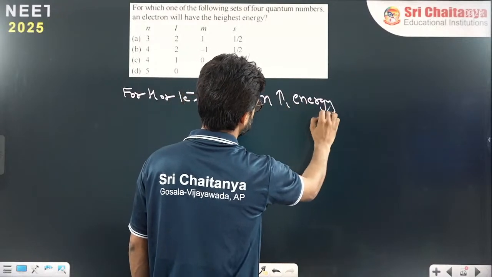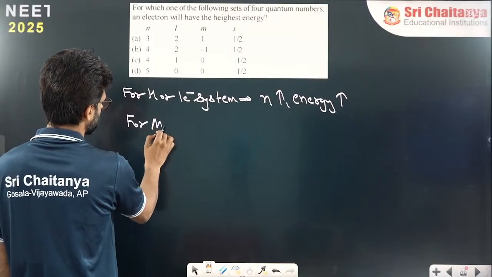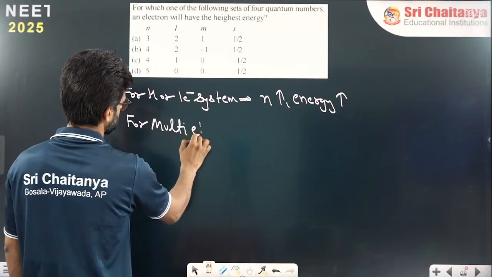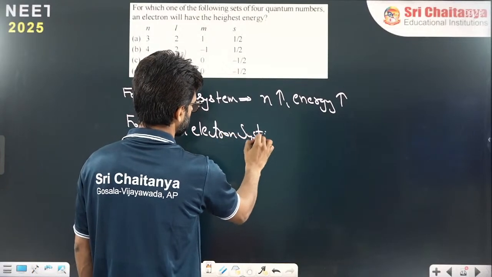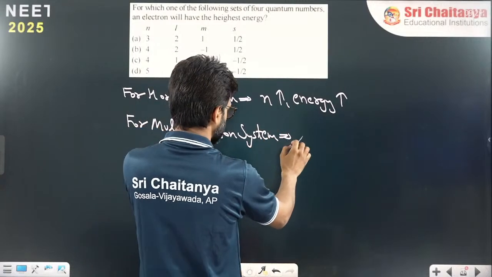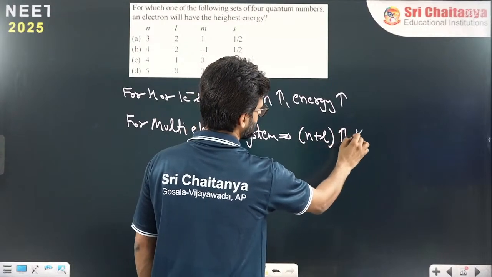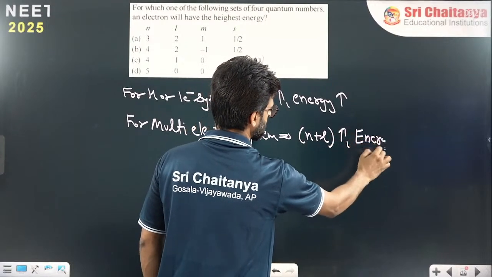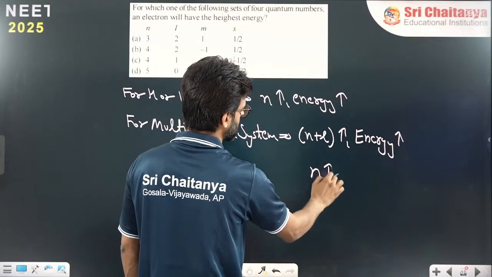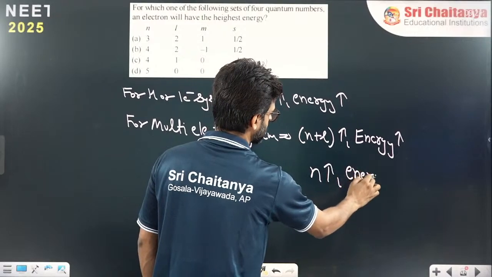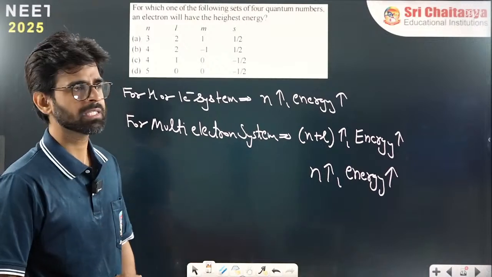There is no use of L. Whereas for a multi-electron system, you will see there is the formula N plus L. Higher the N plus L, higher the energy. So the sum N plus L will decide energy, right? If N plus L is the same, then I will go for N, higher N has higher energy. But first of all, you have to apply the N plus L rule for a multi-electron system.